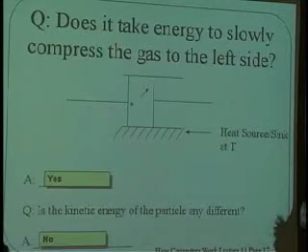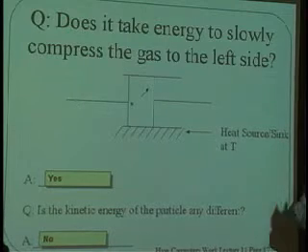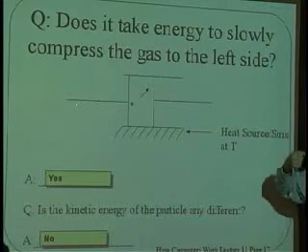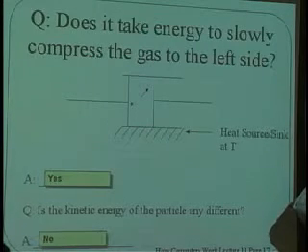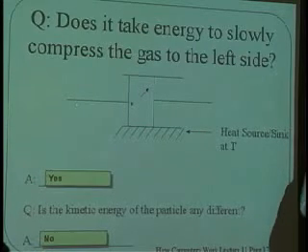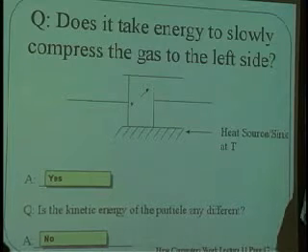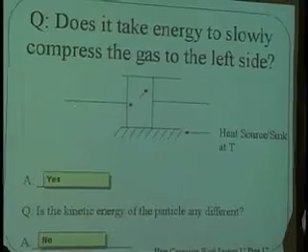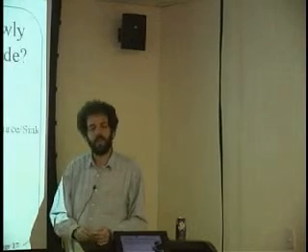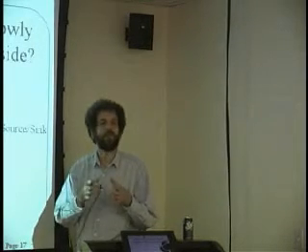Now, everybody here should know that if you have a fixed amount of gas and you squeeze it with a piston, it takes work to do that, right? You compress the gas. And what's interesting about that is, where does the energy go? Well, anyone who has played around with an air compressor knows that it will compress the air and you'll end up getting hot air.